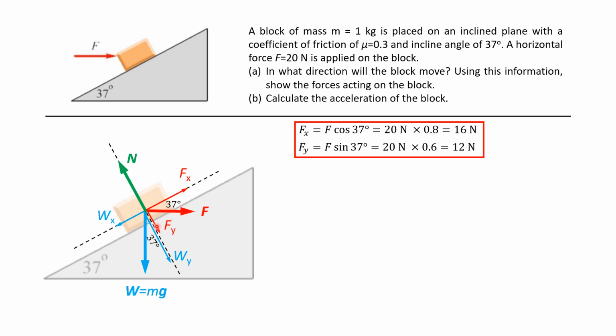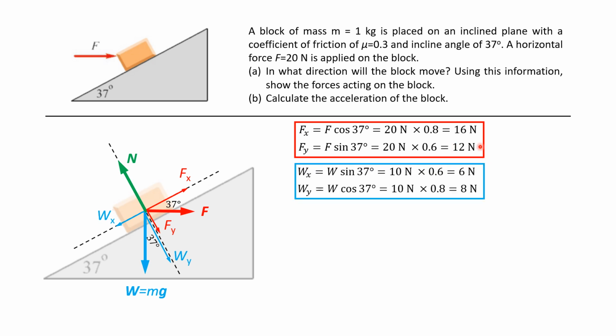And F sub y is the opposite leg of the right triangle, so sine 37 equals the opposite leg divided by the hypotenuse F. From here, F sub y equals F sine 37. We know F is 20 newtons, cosine of 37 is 0.8, and sine of 37 is 0.6. So you get 16 newtons and 12 newtons for the x and y components respectively.